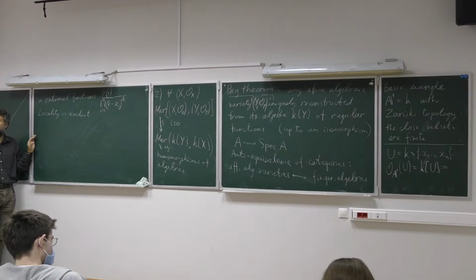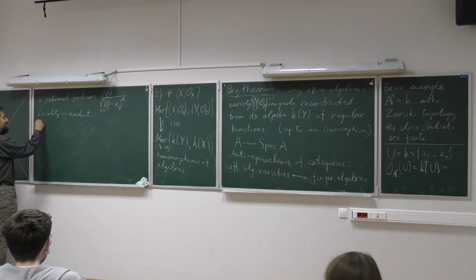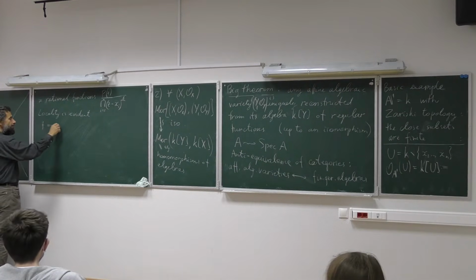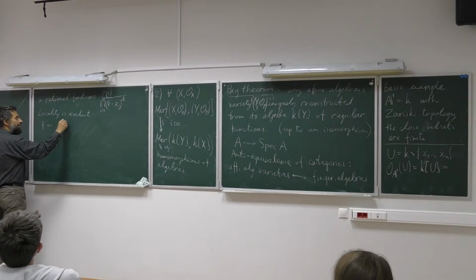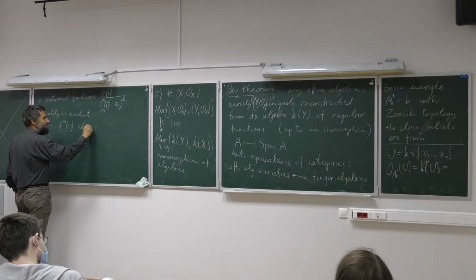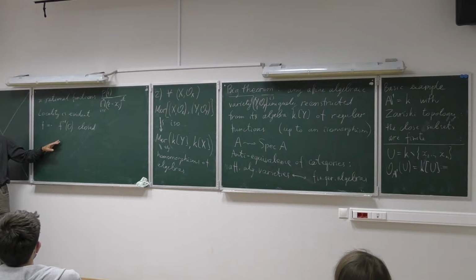And there was one extra property, if you remember. If you have a function f, then the zero level set must be closed. So is it true?